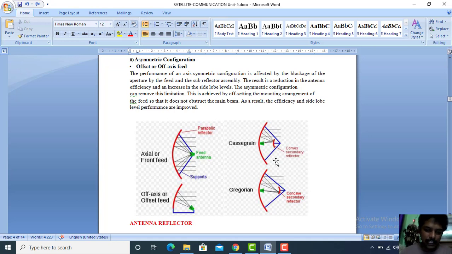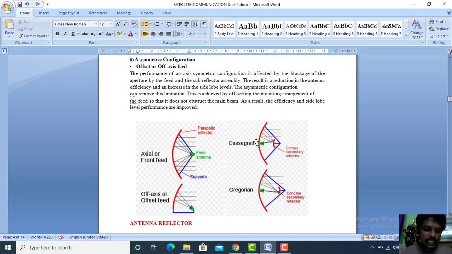Why? When the feed antenna is directed at the parabolic reflector, the signals are transmitted directly into space. But when you give them to the secondary reflectors, which pass the signals to the dish, it causes some reduction in efficiency, and it may create some side lobes also.